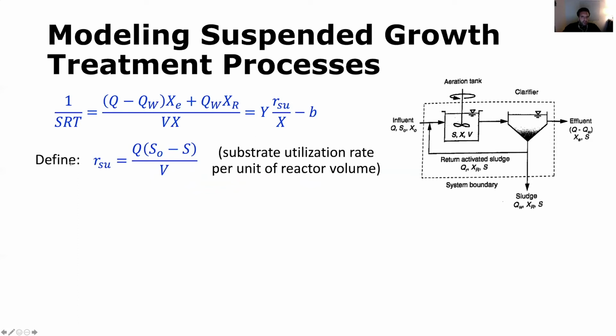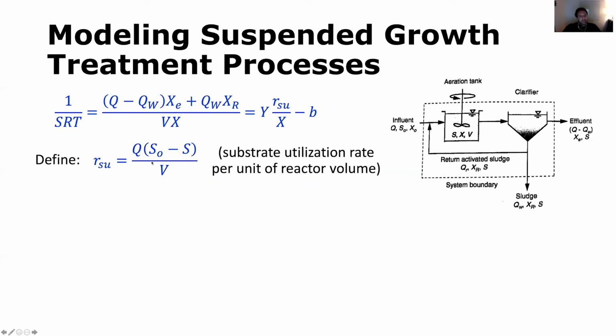We are defining the substrate utilization rate. We can define it as the flow rate times what gets consumed from the BOD or COD, so S0 minus S times the flow rate. That gives us the loading that's consumed, the mass of BOD or COD per unit time consumed in the reaction.